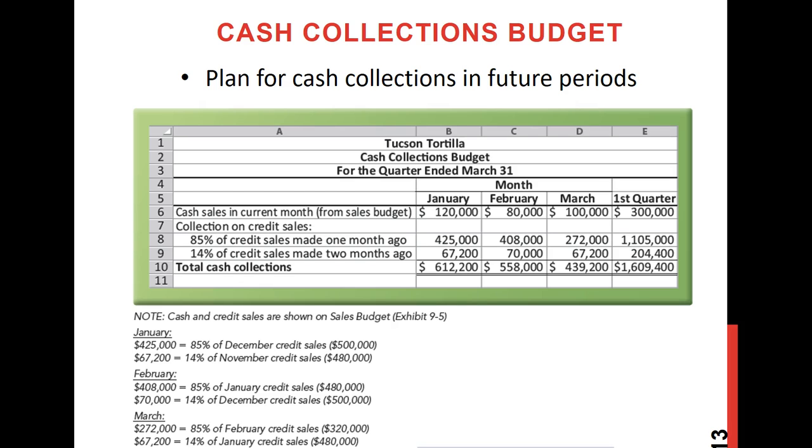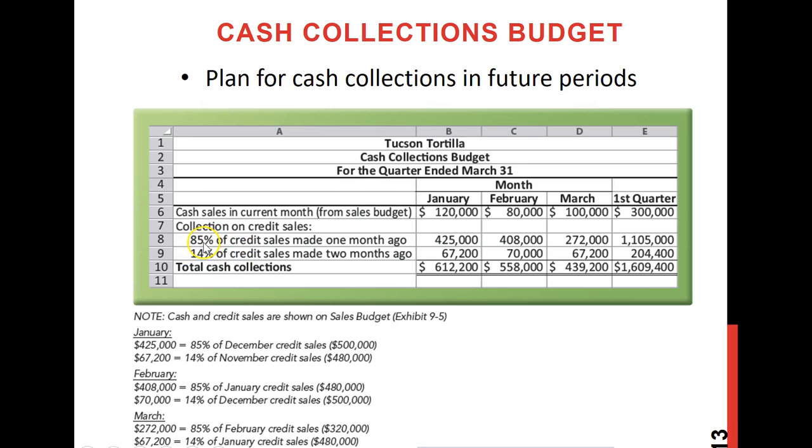In this example you see that they are actually collecting all of their cash sales in that specific month. That means these cash sales are collected of course right away, and these are 20% of their total sales. Now for the remainder, the 80% of their total sales, which is their credit sales, they break it into a few portions.